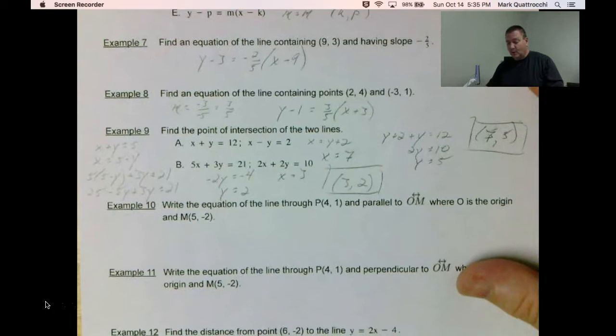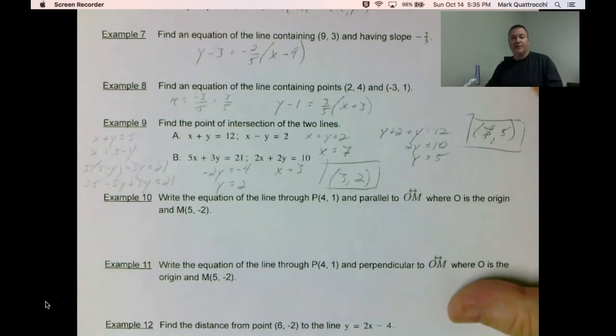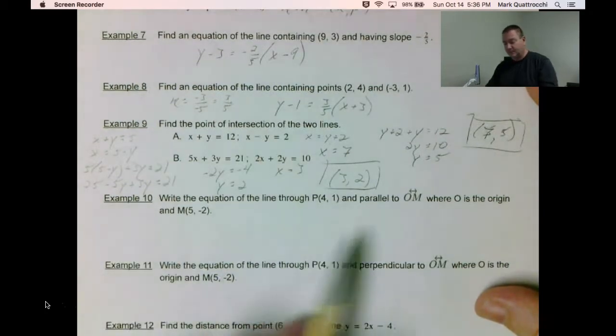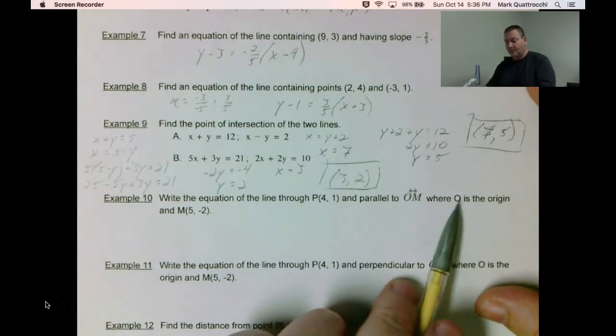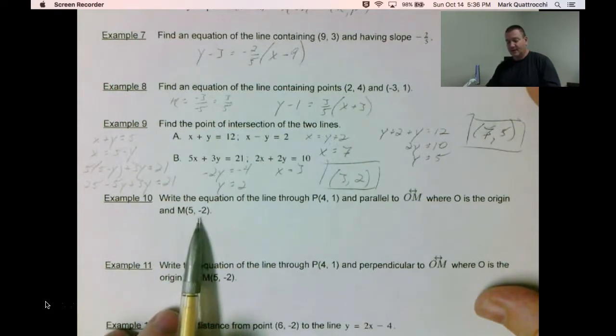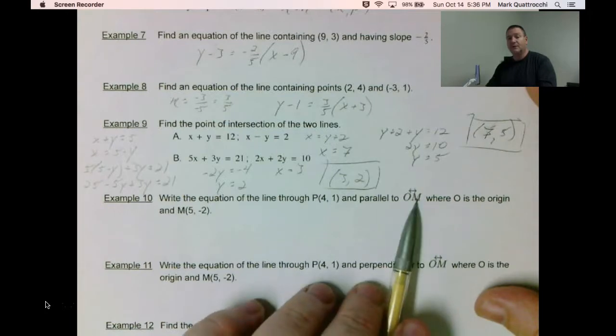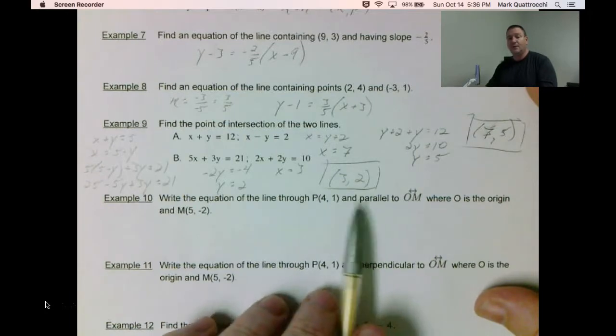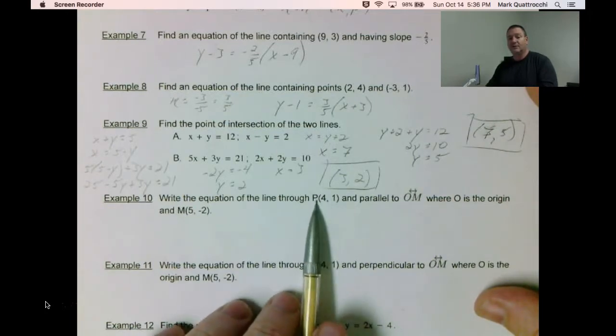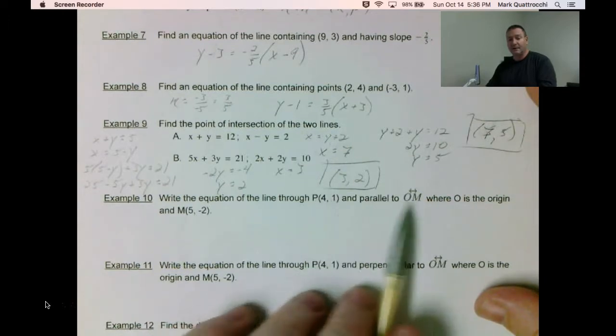Example 10: write an equation of a line through point P parallel to line OM, where O is the origin and M is (5, -2). So what I'm telling you here, by telling you that O is the origin and M is (5, -2), is the slope of line OM. Once we know the slope of line OM, we'll know the slope of the line that goes through this point parallel to OM.